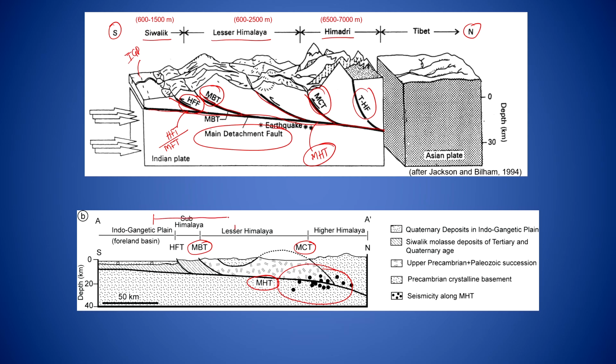Okay. So, this is a locked area which does not move, but this keeps on creeping. Okay. This area between MBT and MCT keeps creeping, and that results in the accumulation of strain in the frontal part.